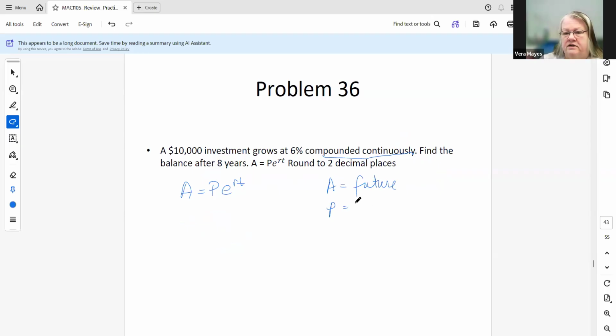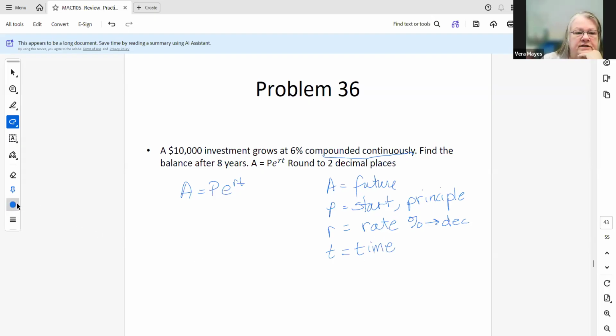The P is our starting value, or some people call that the principal. The r is the rate, and we need it as a decimal. So we're going to have to convert from percent to decimal to be able to plug it into the formula. And t is our time.